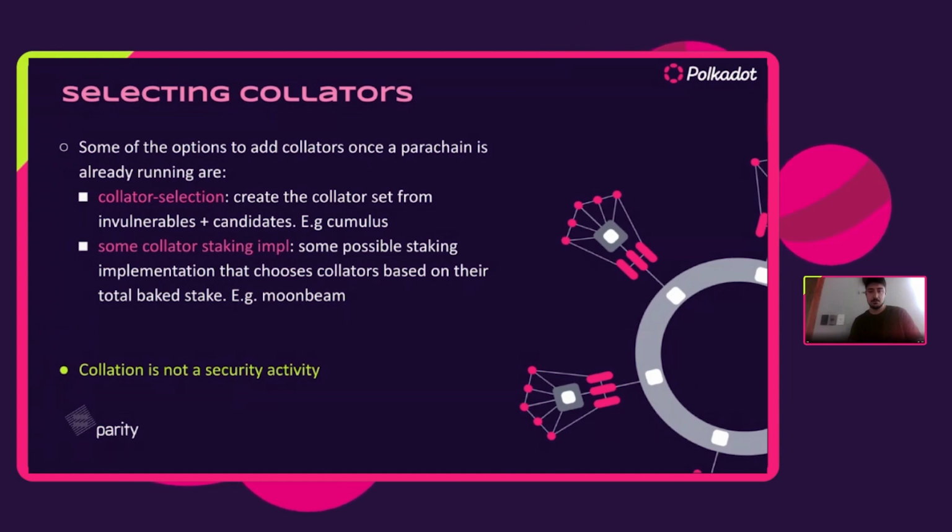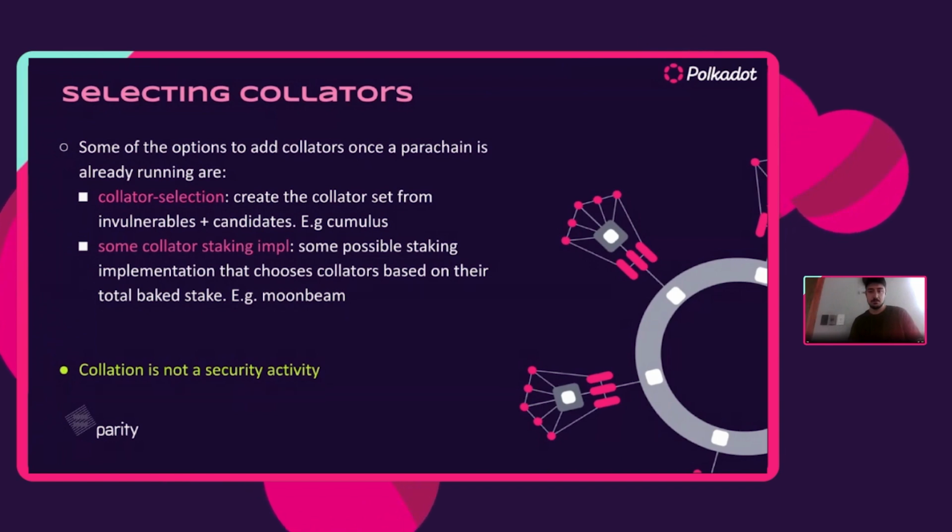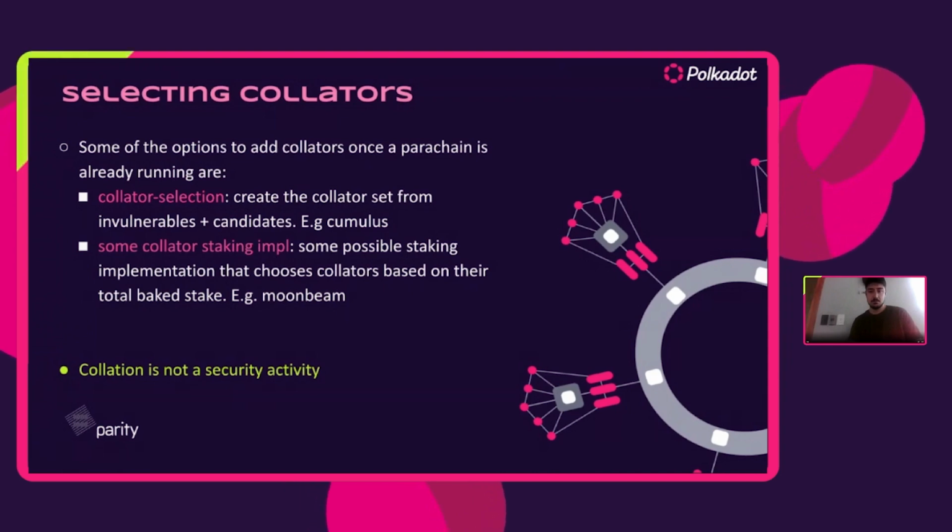Then, based on certain parameters, a set of collators will be created, and the authors of the blocks will be rewarded for doing that job. This is the very straightforward approach, which makes this very simple.